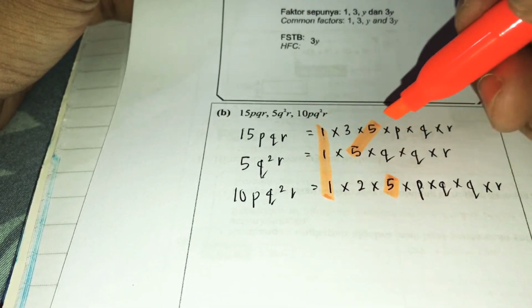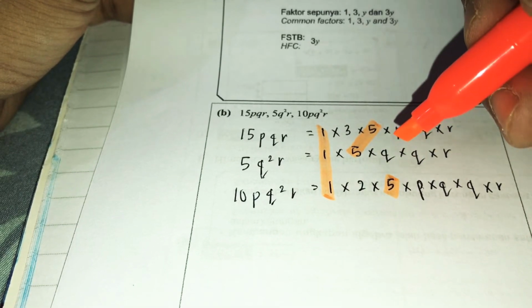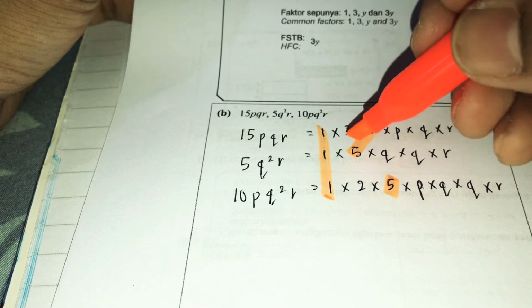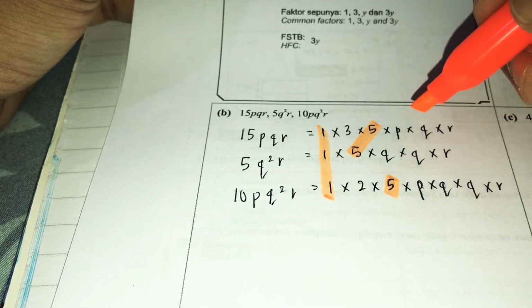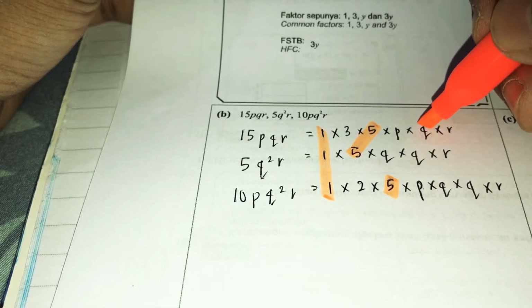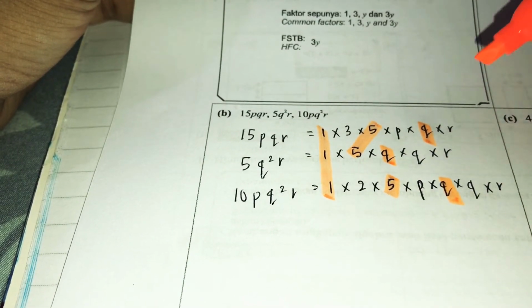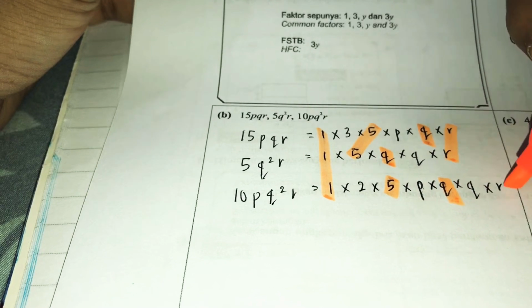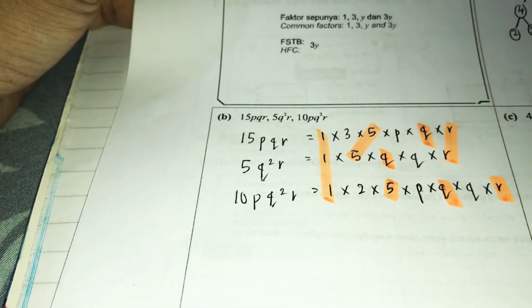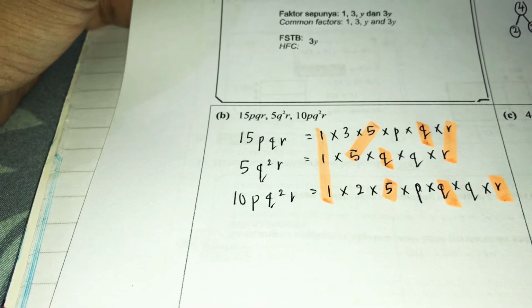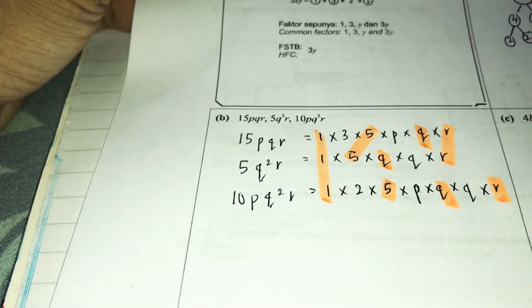Okay, so 1, 5, Q, here no P, so Q. Q here, 1, 2, 3, and then one more R. Okay, so 1, 5, Q, R.